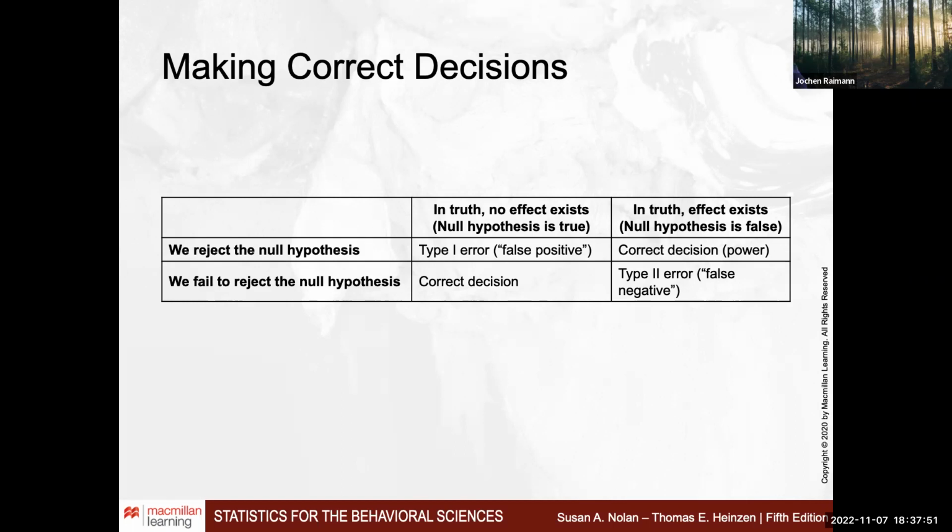So if it's true that there's no effect, you can either make an error or you don't make an error, and you accept the null hypothesis. Here in this column, you also have 100% probability. If you have an effect, you can either make the correct decision and reject the null hypothesis, or you don't make the correct decision and you're not rejecting it. This is again adding up to 100%.